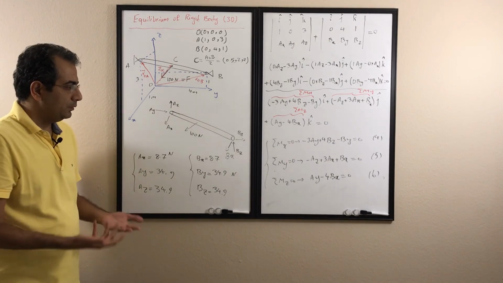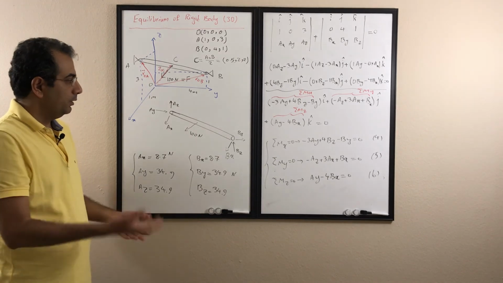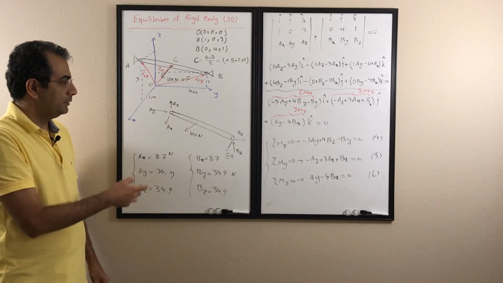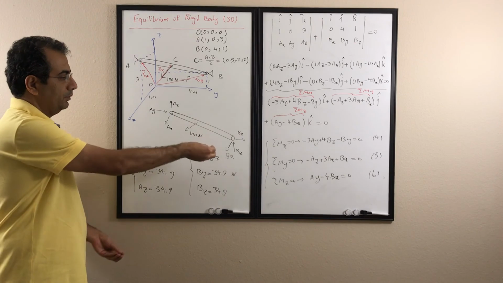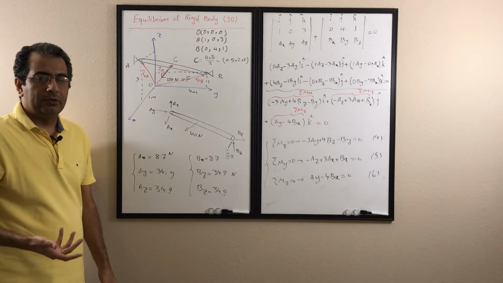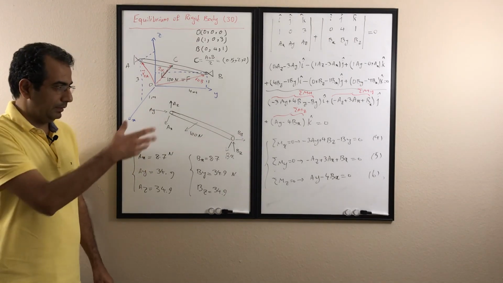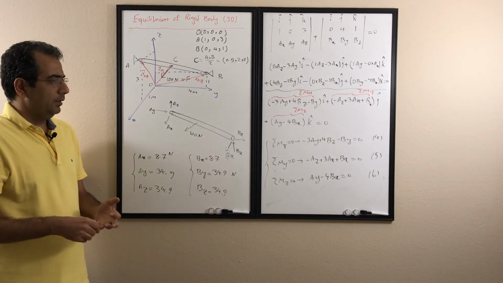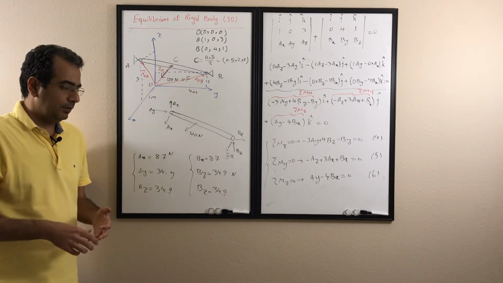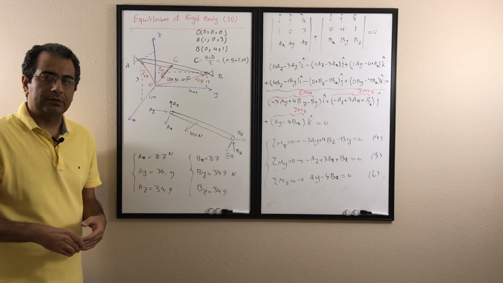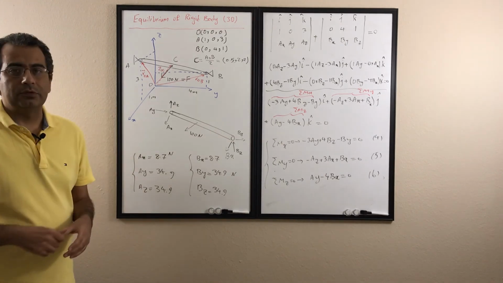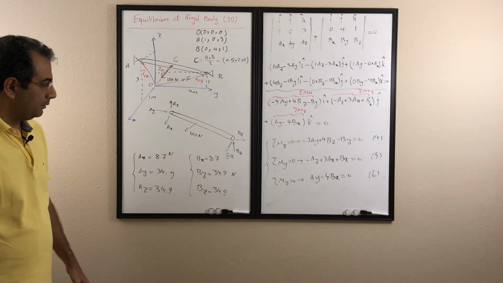Remember, you can choose other points, so probably for this problem it would be easier to go for point B or point A, a moment about one of those points. But it doesn't matter which point you use. If you write the equation correctly, any point you choose, eventually you get the same result.